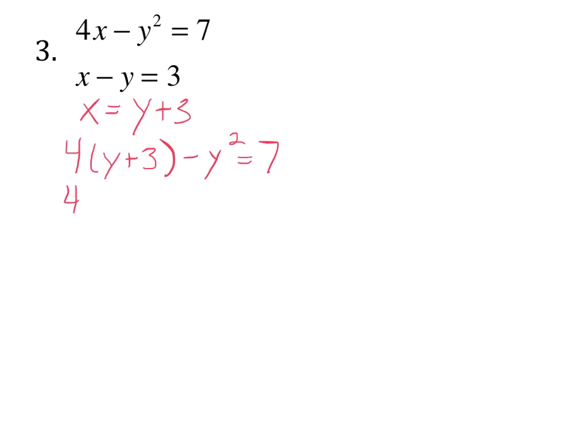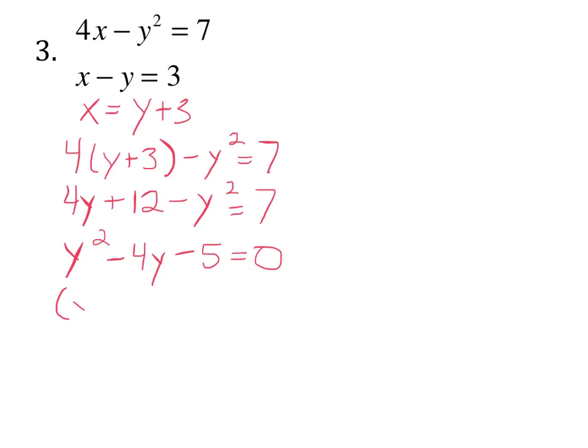So we have 4y plus 12 minus y squared equals 7. And to solve this one, we're going to need to factor. So we'll get everything on one side. So I'll add the y squared over and subtract the 4y and subtract the 12. So I have positive y squared minus 4y minus 5 equals 0.